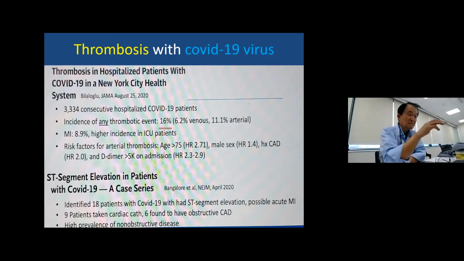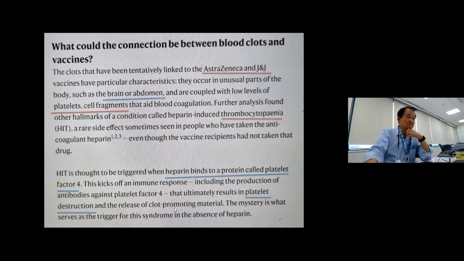But how it penetrates the lung tissue is not known clearly. But epidemiological study shows all this kind of thrombosis in patients with COVID-19. And certainly ST segment depression or elevation, there is also some suggestion of myocardial infarction, which has been well reported.